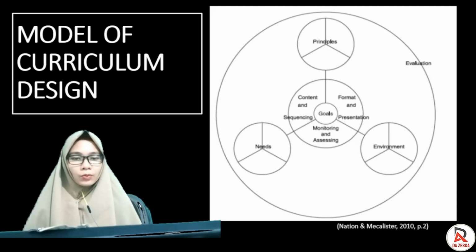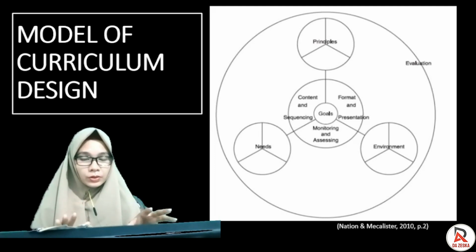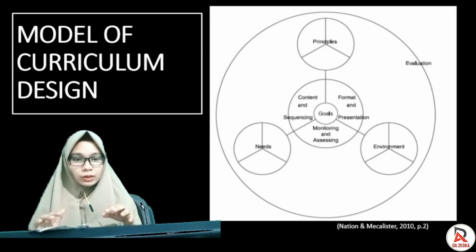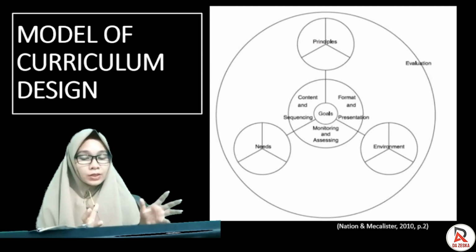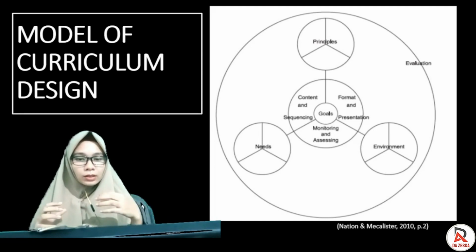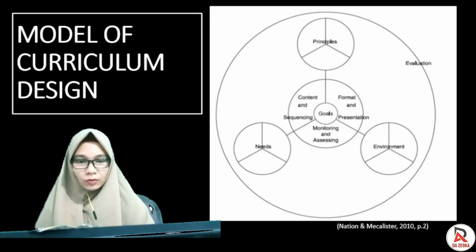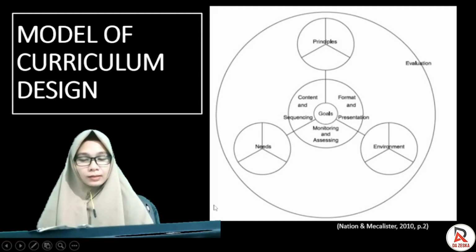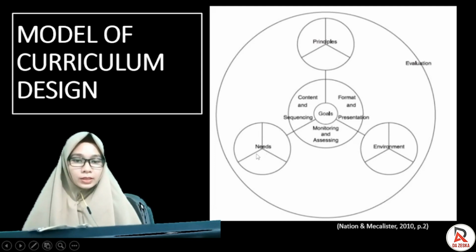But over here, what we can understand is that goals are very important for principles, and goals are also important for having an environment, and goals are also connected to needs.